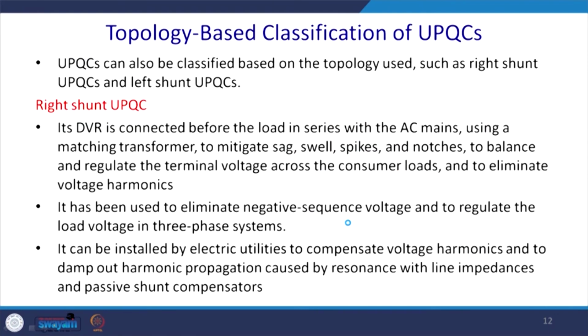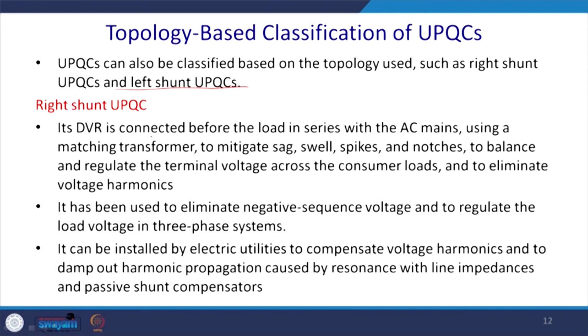Now, UPQC can also be classified based on topology, such as right shunt and left shunt UPQC. So, this is the right shunt UPQC.